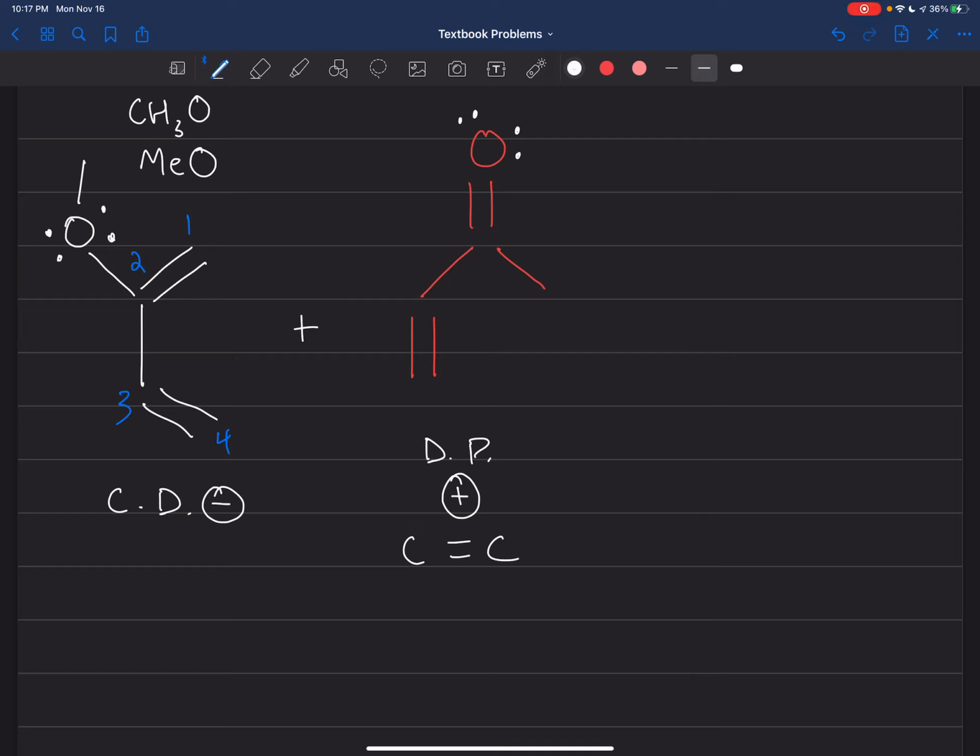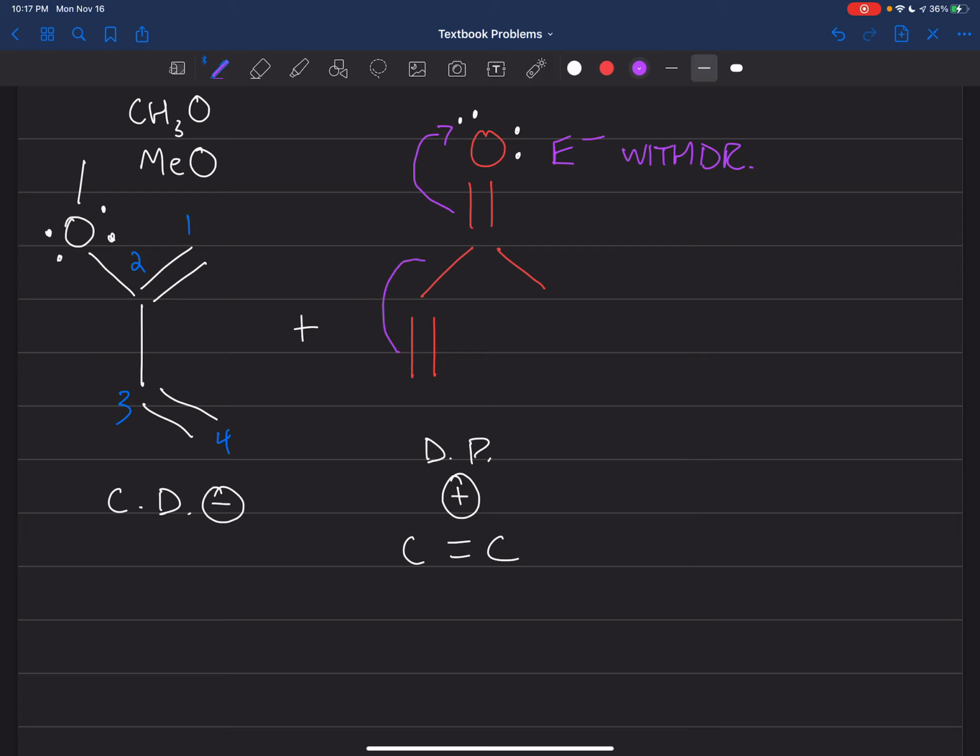Okay. Whenever you see a double bond in a conjugated system like this, we know that a double bond can move to oxygen. Remember, oxygen is electron withdrawing. It's going to pull electrons towards it.